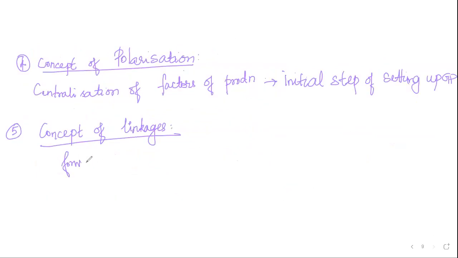A good industrial growth pole will have both forward as well as backward linkages.